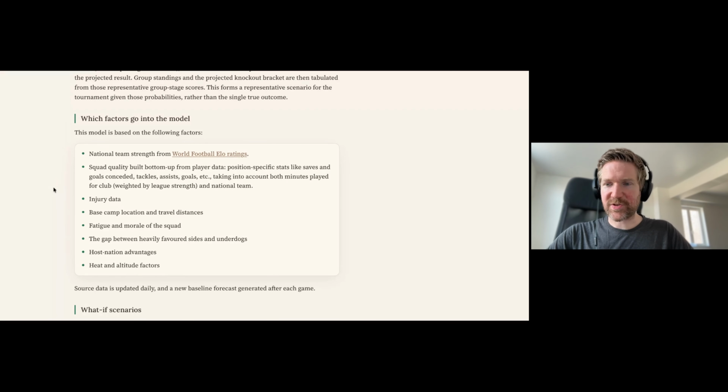So all of the stats are being updated continuously, and the source data changes. So we rate Spain, for example, lower now that they have drawn against Cabo Verde, and that has actually caused France to become the top performer in the baseline scenario now.